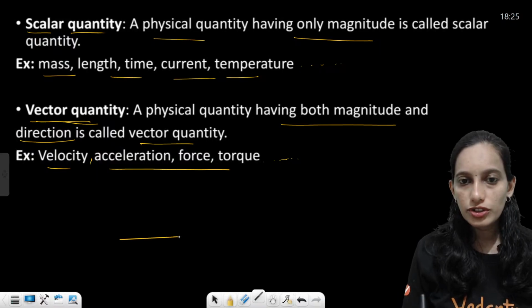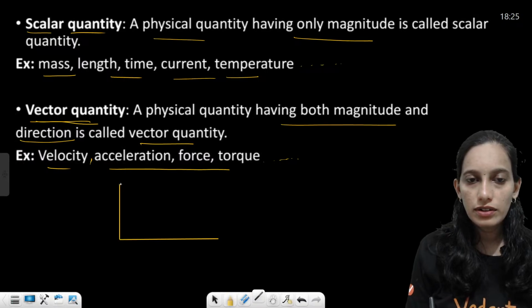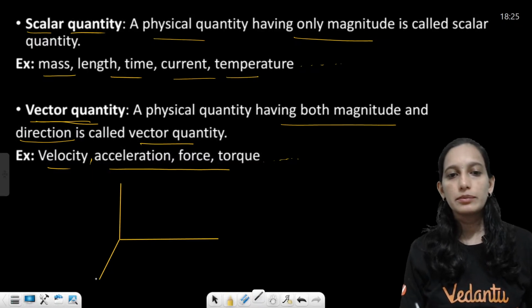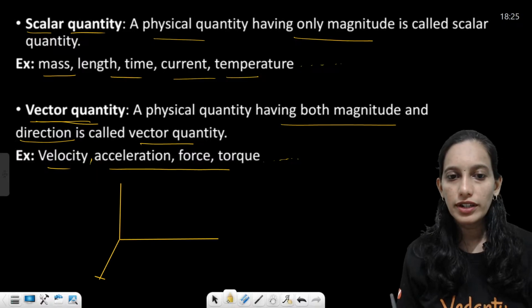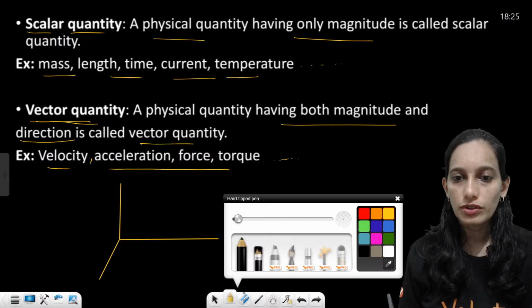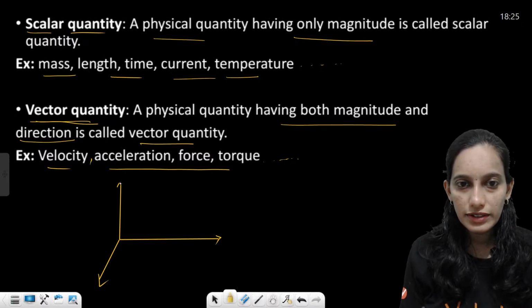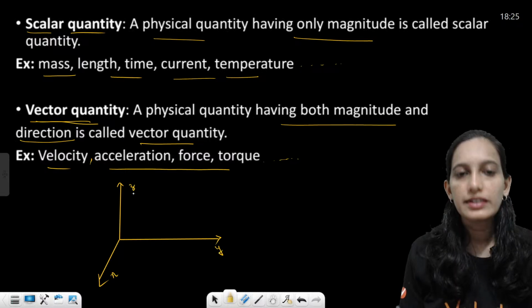So let me just draw the coordinate axis. It's just our three-dimensional coordinate axis. I'm just taking it for reference, but here we are not talking about three-dimensional motion. So we can say x-axis, y-axis, z-axis.